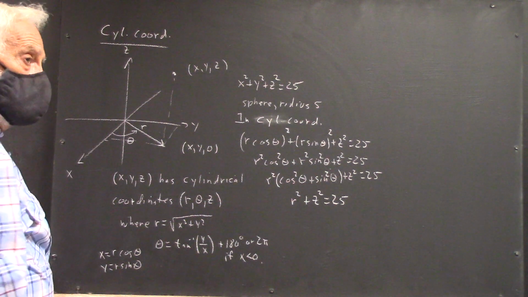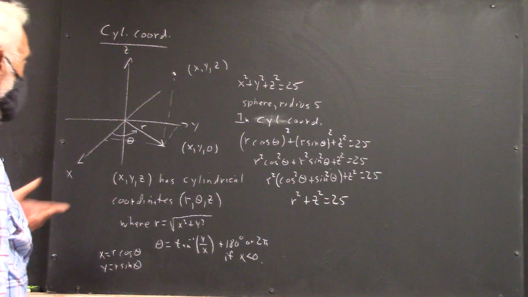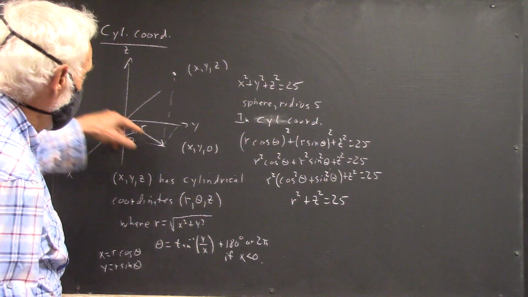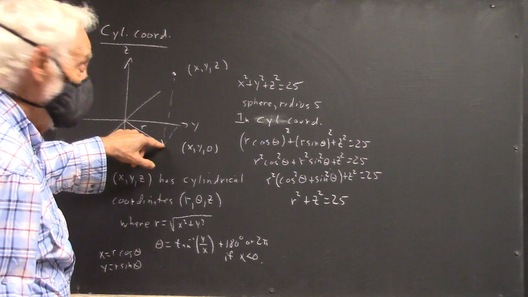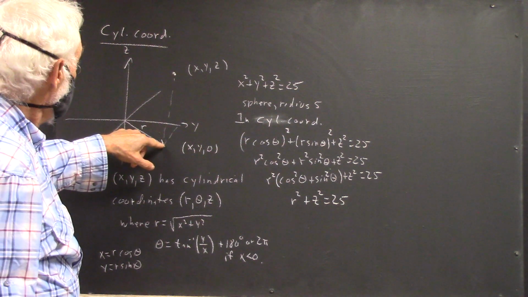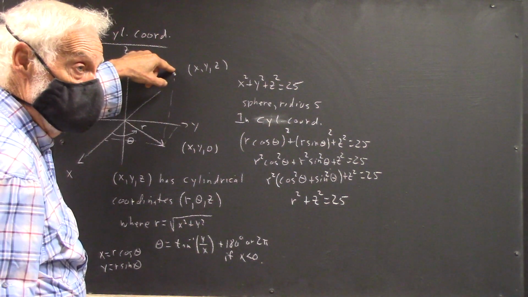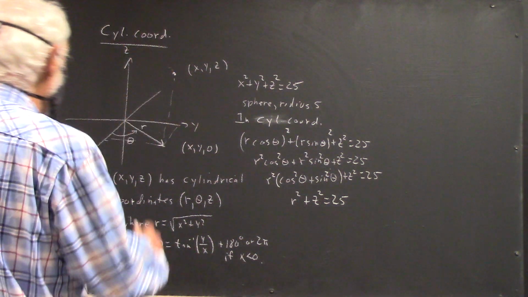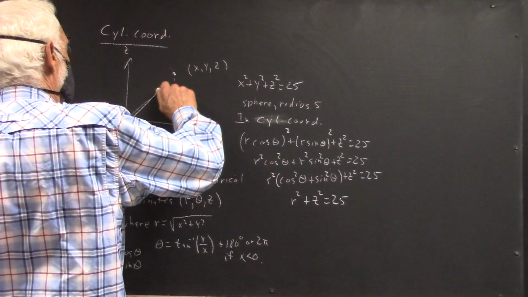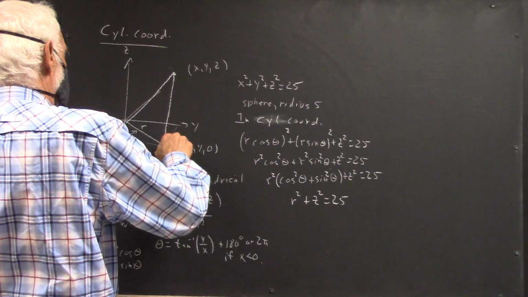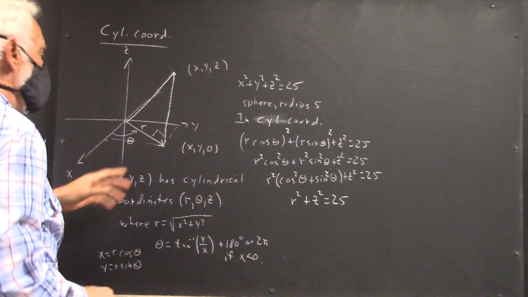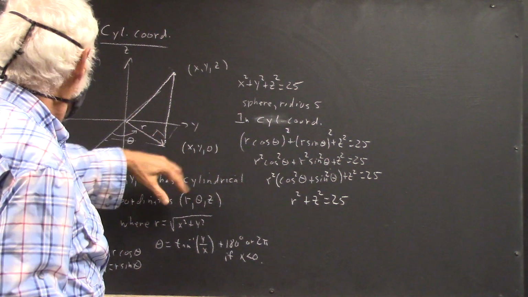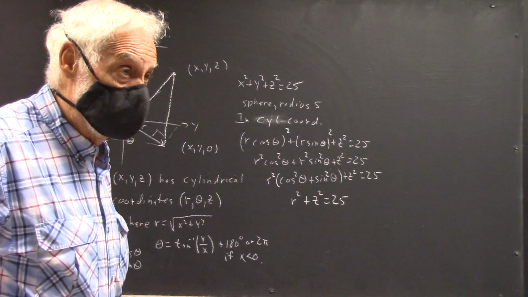Now, why should that be? Look here. Here's the origin. Here's a line segment or a vector of length r. Here's a vector of length z, right? If I do this, I have a right triangle because the vertical line is perpendicular to any line in the xy plane, okay?